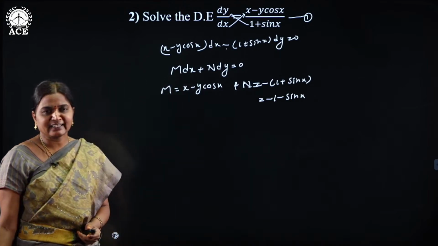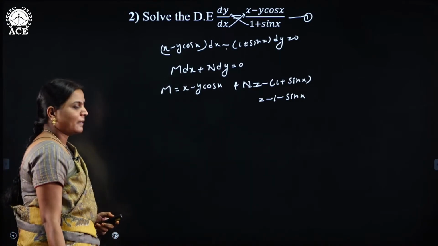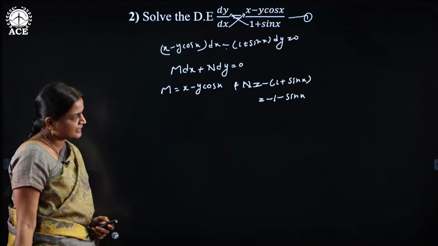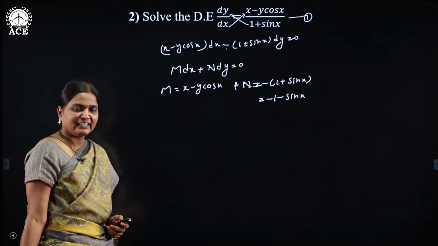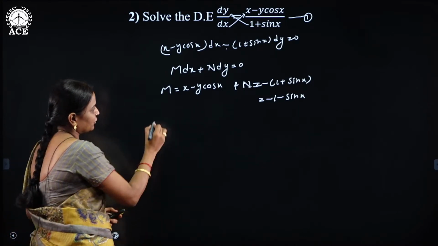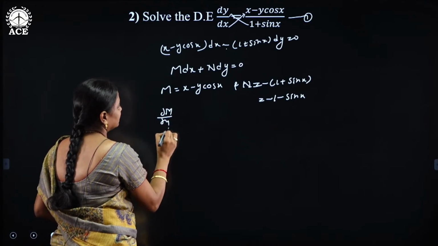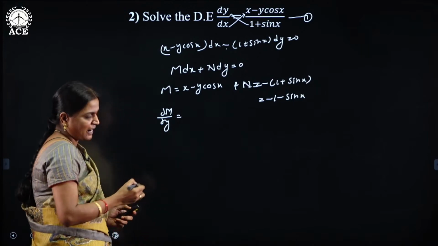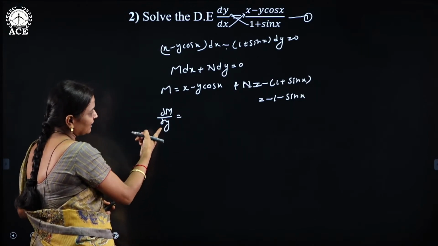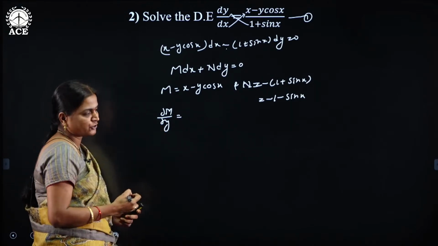Next, to check the condition for exactness, partially differentiate M with respect to y and partially differentiate N with respect to x. Now, dou M by dou y. So here partial differentiation is performed with respect to y.